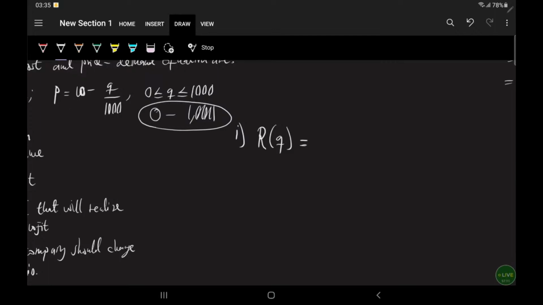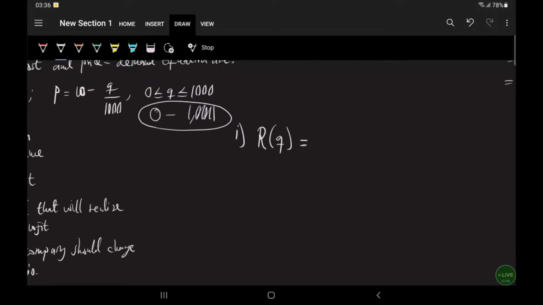In the question, I was told that the quantity of radios you produce is represented as Q. If I know the price of one, then when I multiply the total quantity Q by the price per one, I get the total revenue derived at the end of the day. So once I know the total output Q and the price per quantity, 10 minus Q over 1,000, when I multiply the two, I get my overall revenue for a particular period. I believe that is clear.